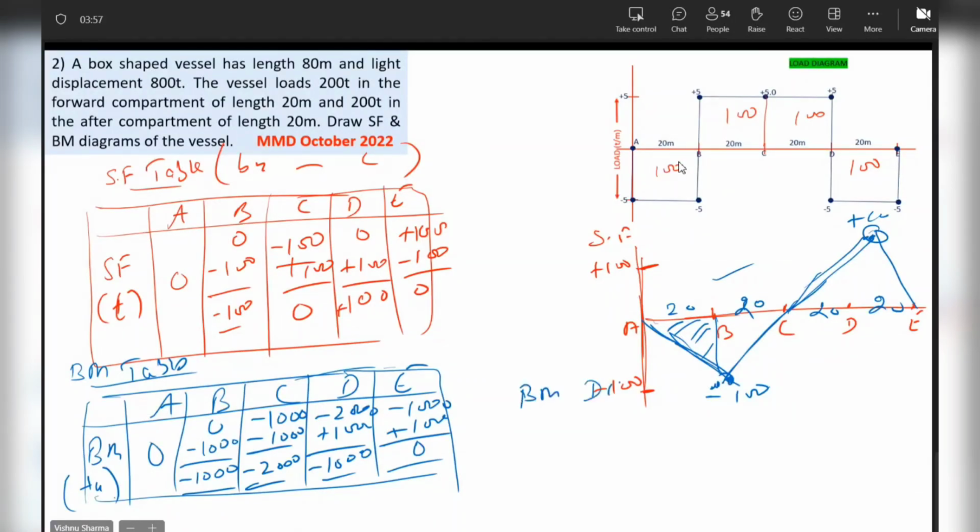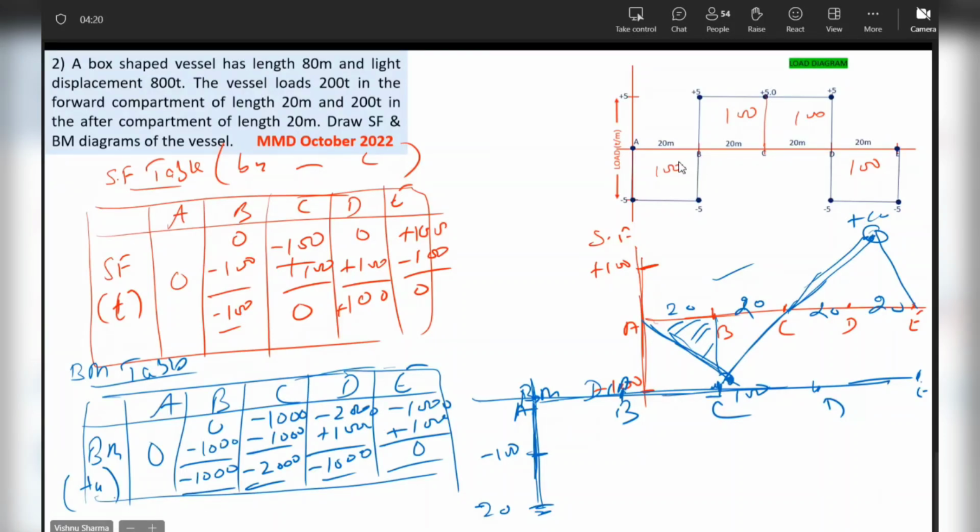Now this is where I was trying to tell our friend Ram also that we have only minus. So A, it is like this. So A, B, C, D, and E. Let's say this is 1000. This is 2000 then. So at A, it is 0.